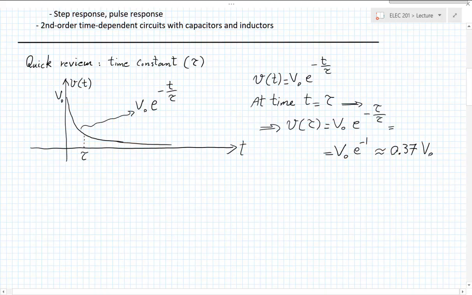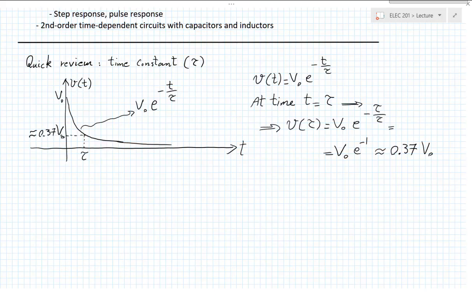So the time constant tau is the duration after which the exponential function has decayed to approximately 0.37 of its initial value, or 37% of its initial value.